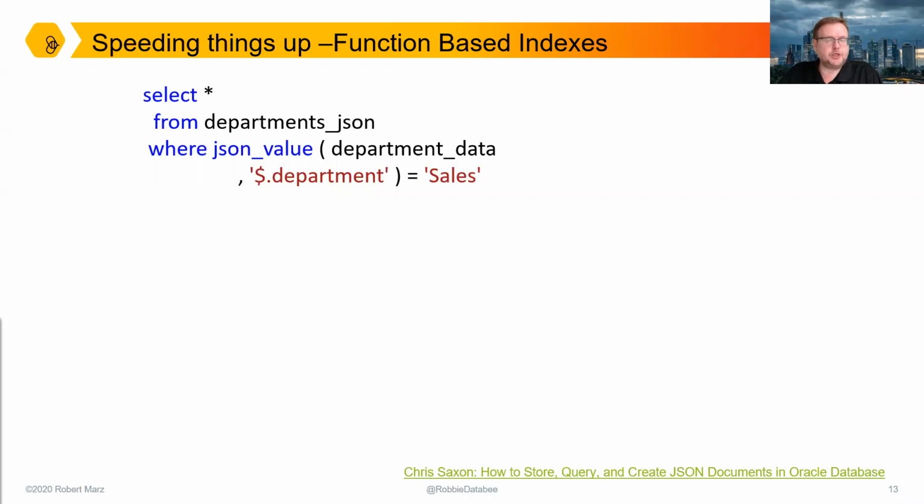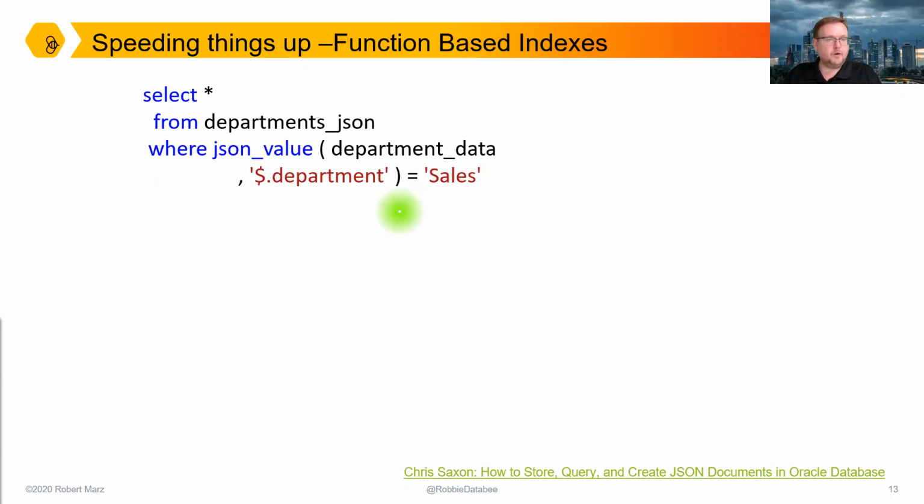Imagine the statement here: select star from departments_JSON where JSON_VALUE, a new function introduced with Oracle 12.1. Department data is the column that stores the JSON document, and then we give a JSON path and say sales.